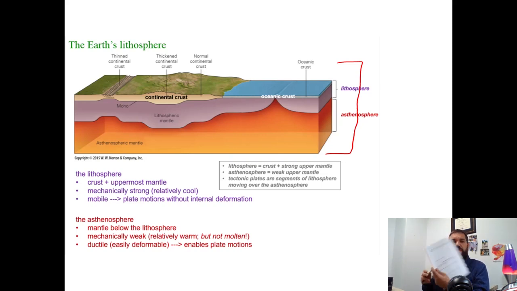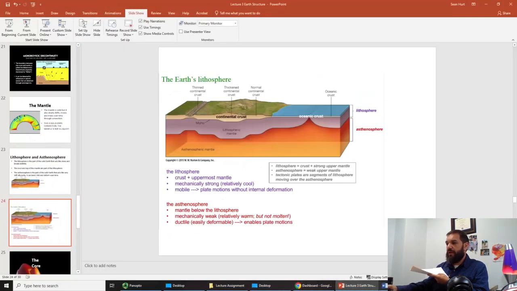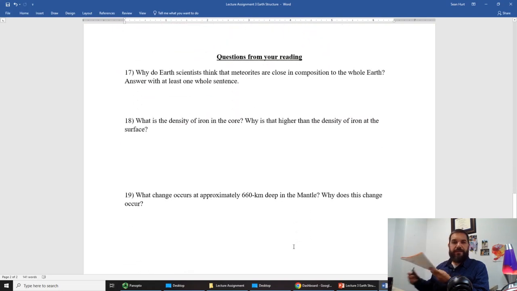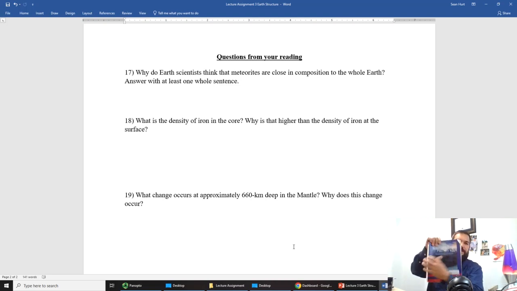Okay, notice you have a few questions from your reading as well. It's in the book. I know they changed editions recently, but I checked the new edition and it's still in there. Here's your book right here. I think this is the edition that you use, or maybe not.